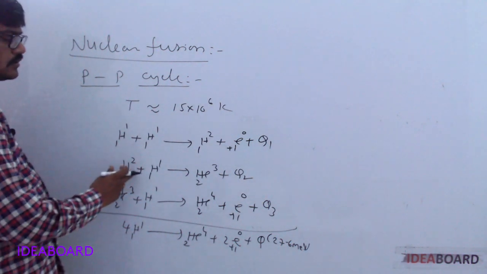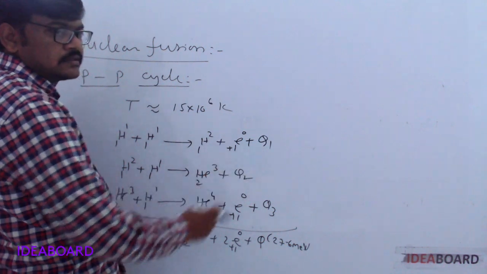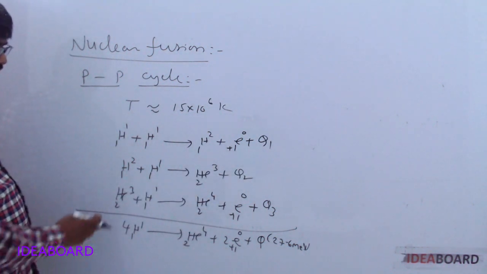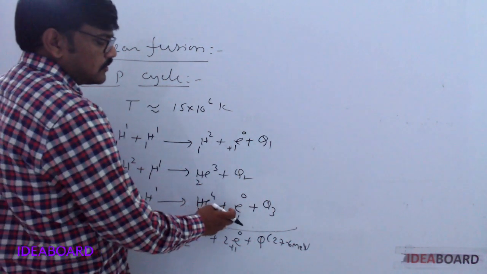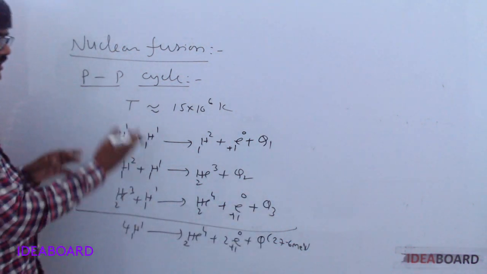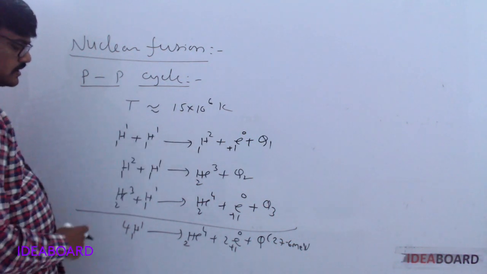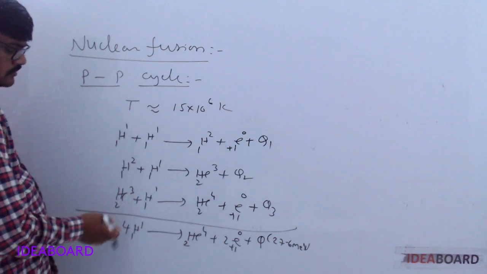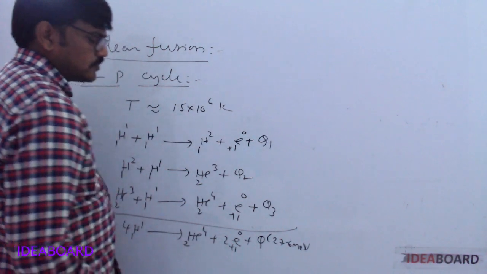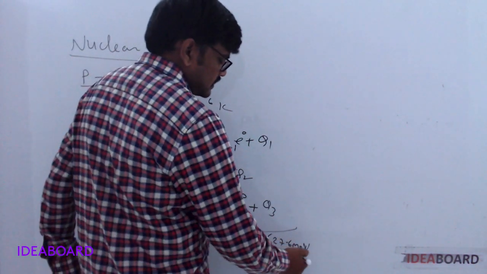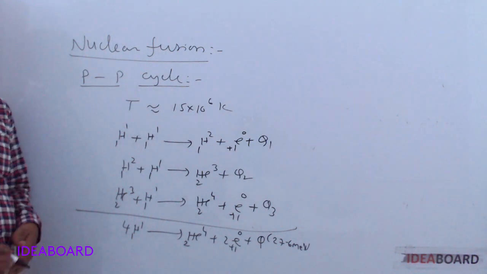H-2 combined with one more proton gives helium-3 and energy Q2. Helium-3 combined with one more proton becomes helium-4 and one positron, with release of some energy. By combining, H-2 cancels out on the left and right side, helium-3 is also cancelled out, and we get four protons combining to give helium-4 and two positrons and some energy, nearly 27.6 MeV. So this we call the proton-proton cycle.